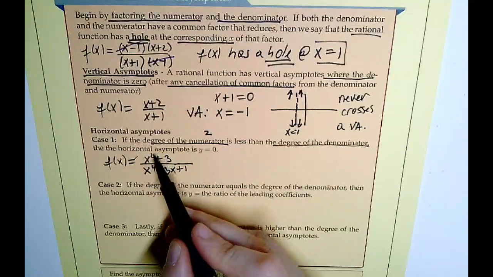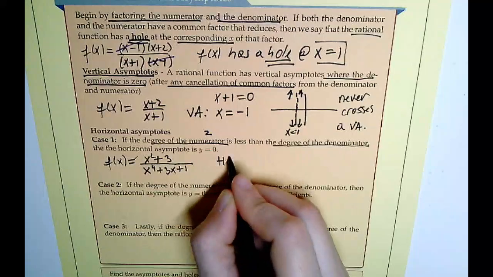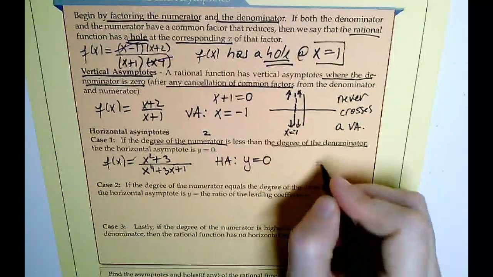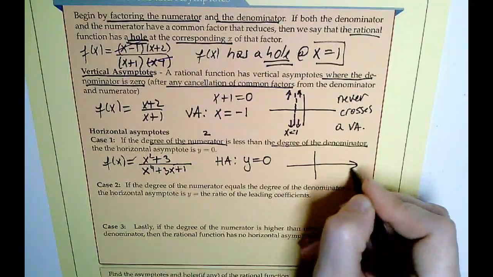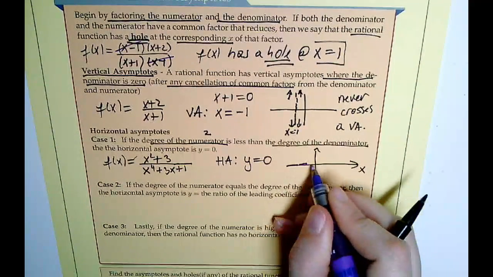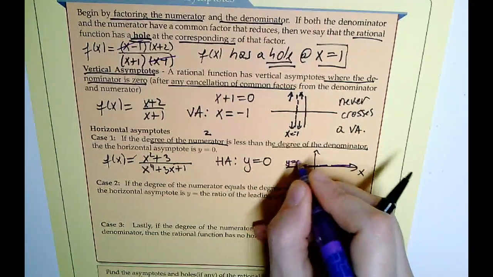If the degree of the top is less than the degree of the bottom, then the horizontal asymptote, HA, is the x-axis, which is y equals 0. So y equals 0 is the horizontal line going through the origin.